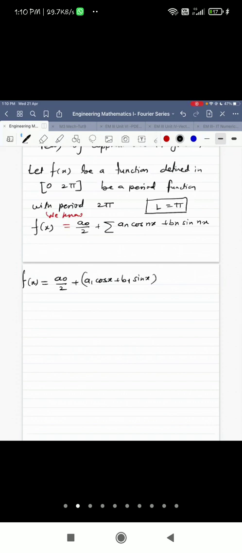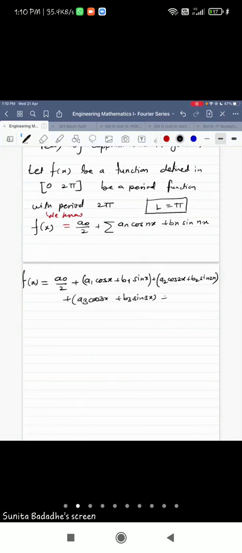This is the first term. Then a2 cos 2x plus b2 sin 2x. This is the second term. Next is a3 cos 3x plus b3 sin 3x, and so on.